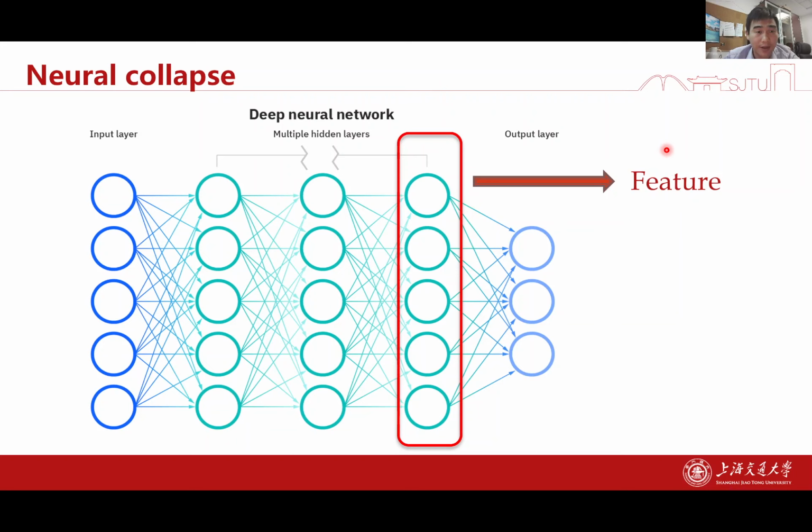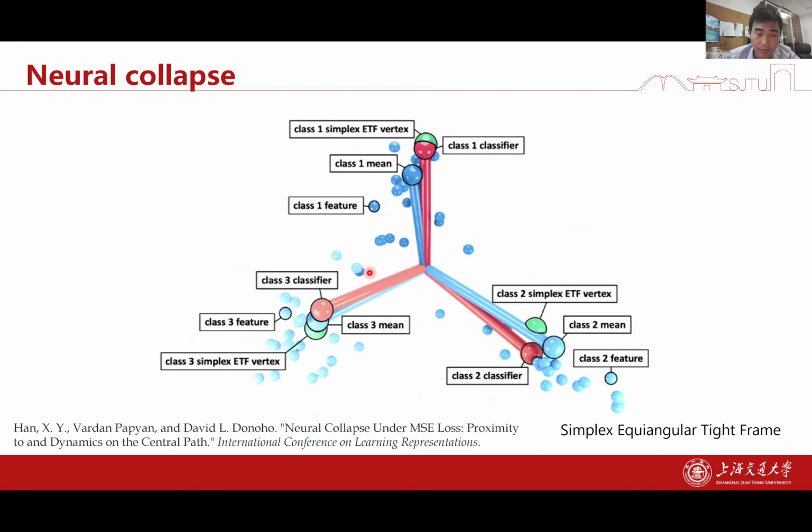Consider a classification task. These dots, or these tiny balls, are the features of each input. So each ball corresponds to one input. And the different colors here mean they come from different classes.